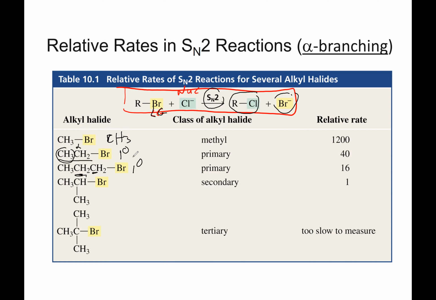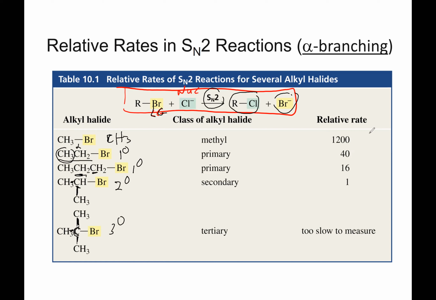It's also primary. This one, I hope you see, the alpha carbon has 2 carbons attached, so that's secondary. And this one down here, the alpha carbon has 3 carbons attached. That's tertiary. Okay. So we have a methyl, 2 primaries, a secondary, and a tertiary.